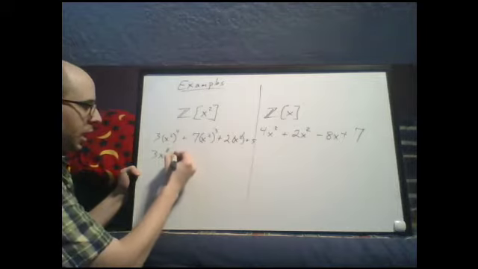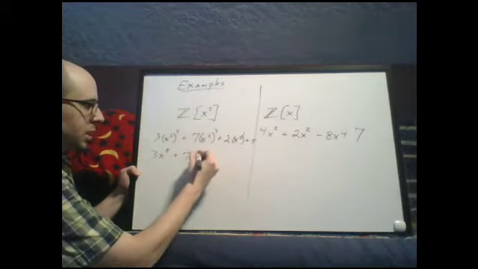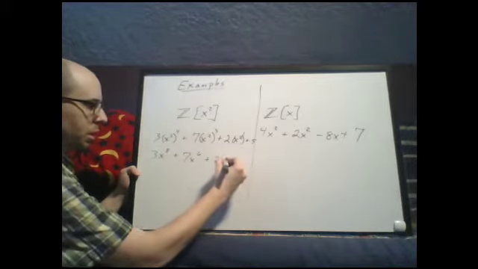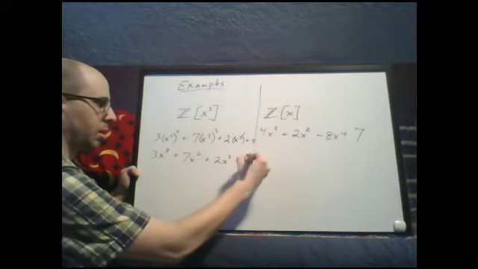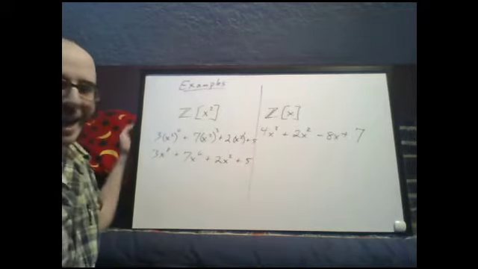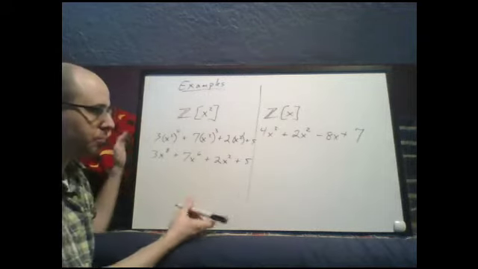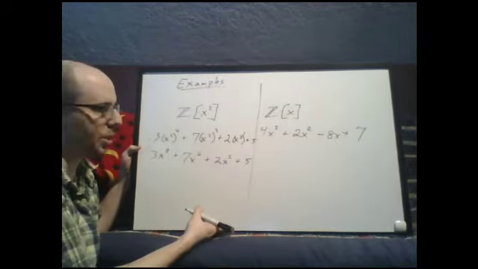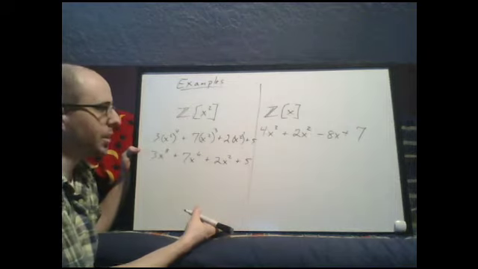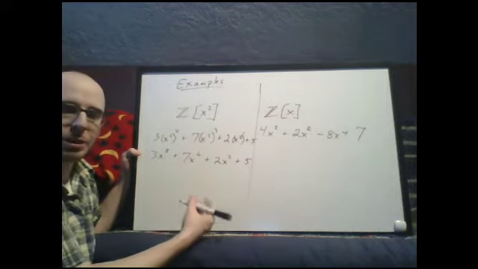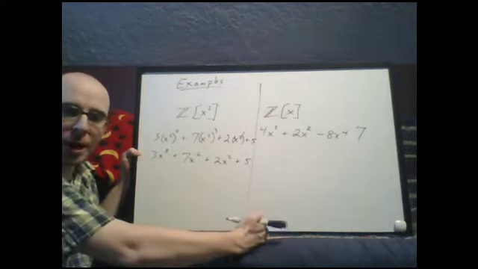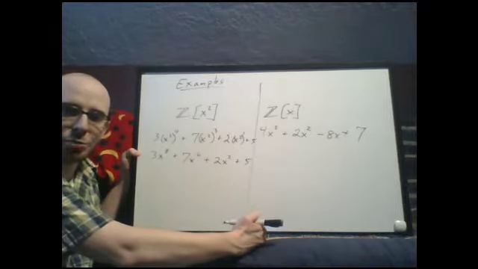So 3x to the 8th plus 7x to the 6th plus 2x squared plus 5. Using x squared as my base, I can't get odd exponents, because once I have x squared, if I raise it to another power, the resulting exponent on x will be even.